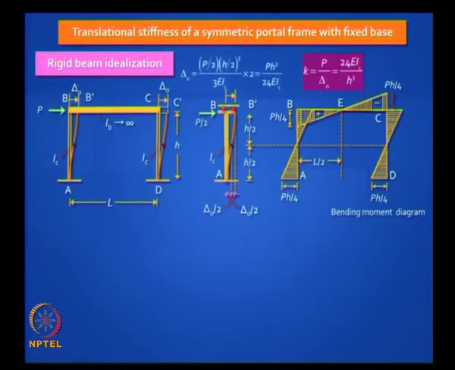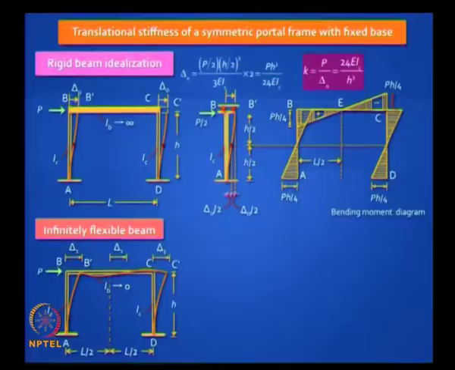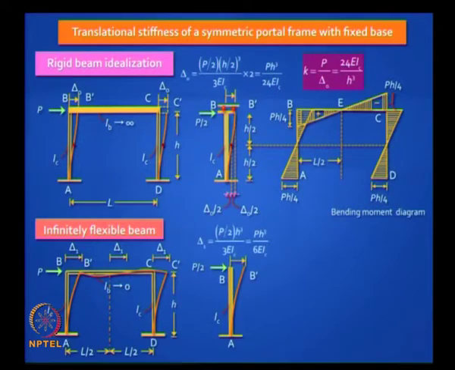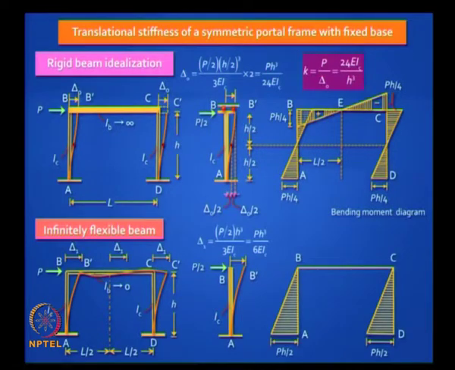Let us put hinges. How does it behave? If you have an infinitely flexible beam, how will the columns behave? Simple cantilevers. So that is easy to calculate. If you do that calculation, you get PH cube by 6 EI, and your bending moment diagram will look like that because your beam will have no bending moments, because you got hinges there.